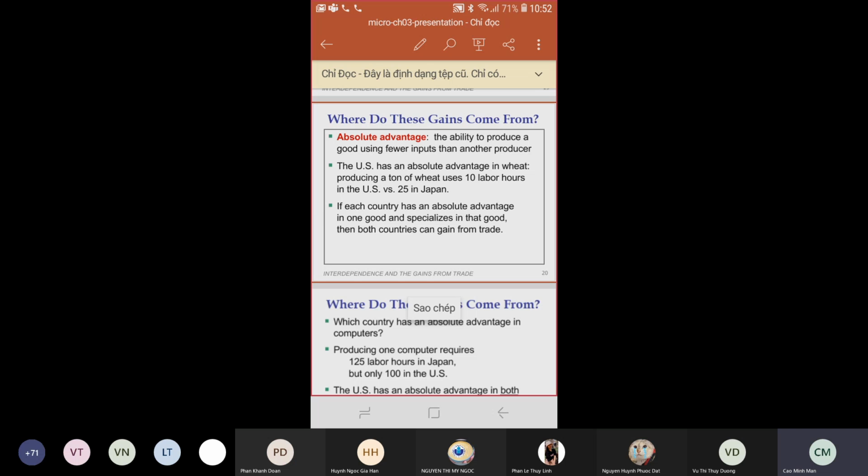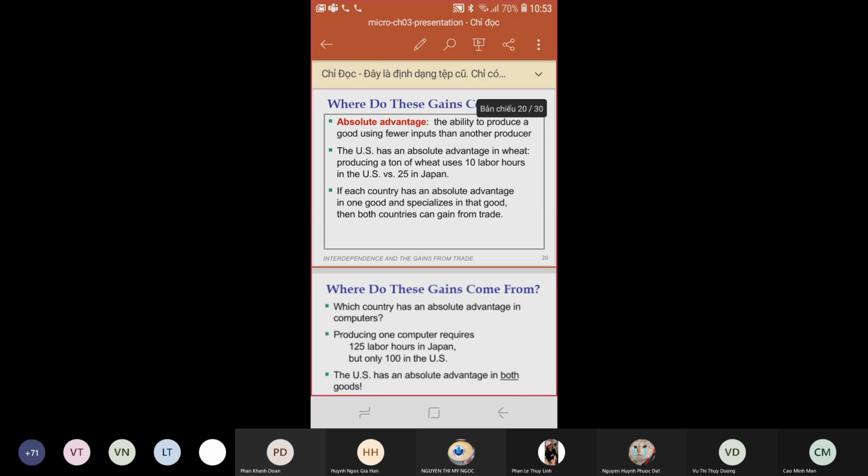Listen, definition. A country has absolute advantage in producing a product in comparison with another country.